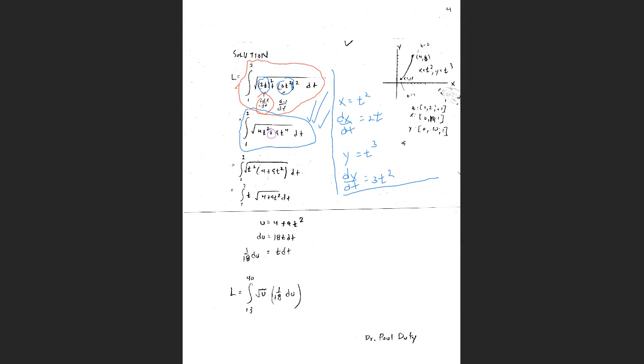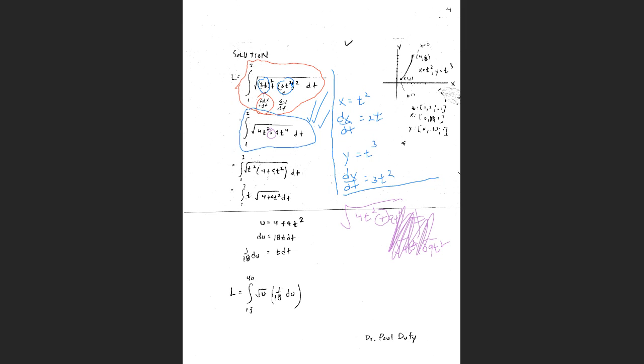So the square root of 4t squared plus 9t to the fourth, you cannot write that as the square root of 4t squared times the square root of 9t to the fourth. You can't do that. Not allowed because of the plus. Yeah, life would be easier, right? If we could do that, it would. But okay, thank you.